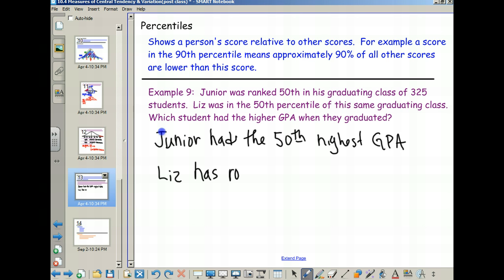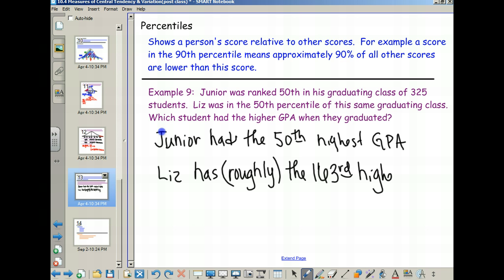So Jill has roughly the 163rd highest GPA. So what's the answer?